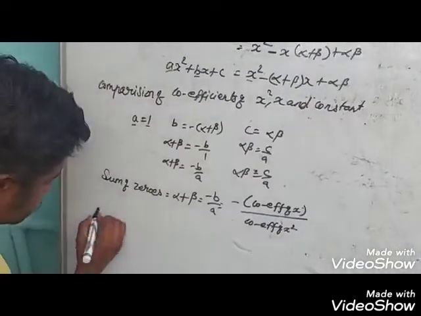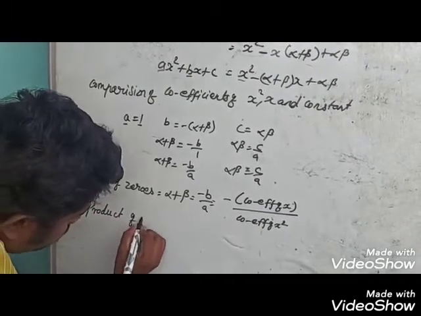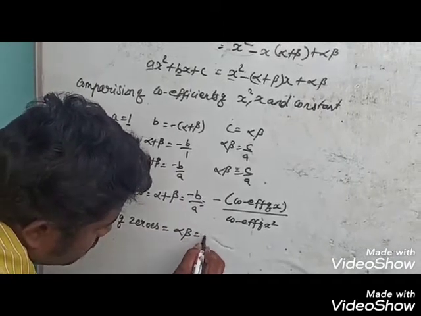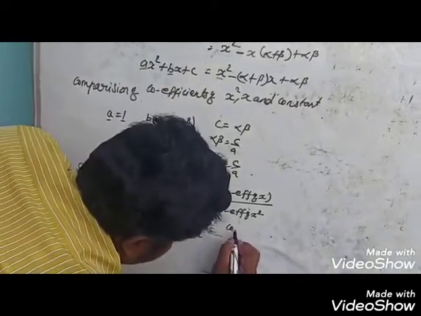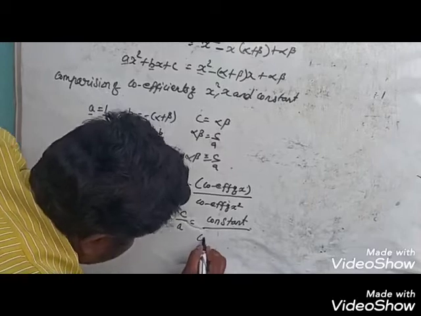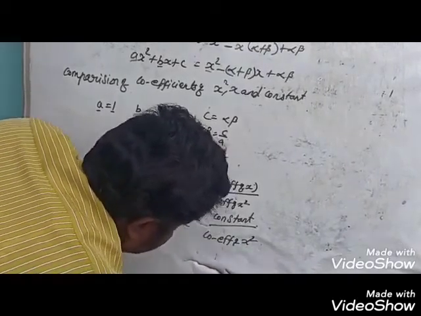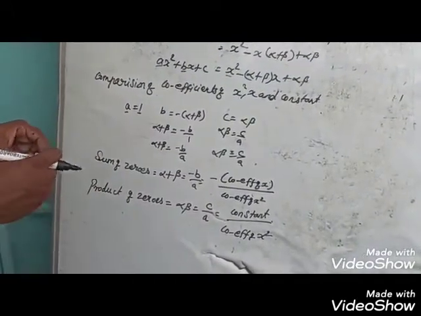The same way, product of zeros equals alpha beta, which equals c by a. c is nothing but the constant, and a is the coefficient of x square. So this is the relationship between zeros and the coefficients of a polynomial.